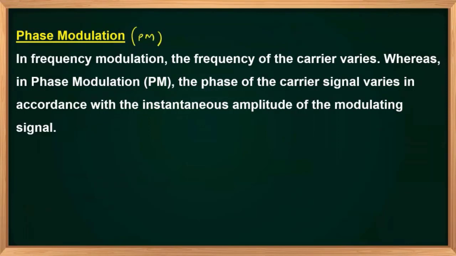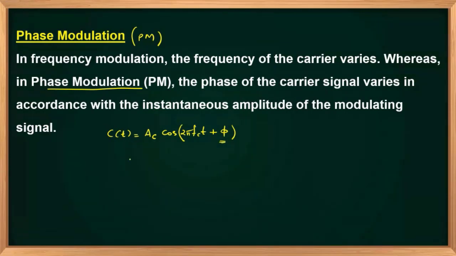In frequency modulation, the frequency of the carrier wave varies. But in phase modulation, the phase of the carrier signal varies in accordance with the instantaneous value or amplitude of the modulating signal. If carrier signal c of t is given as cos 2 pi fct plus phi, phi is the phase angle.